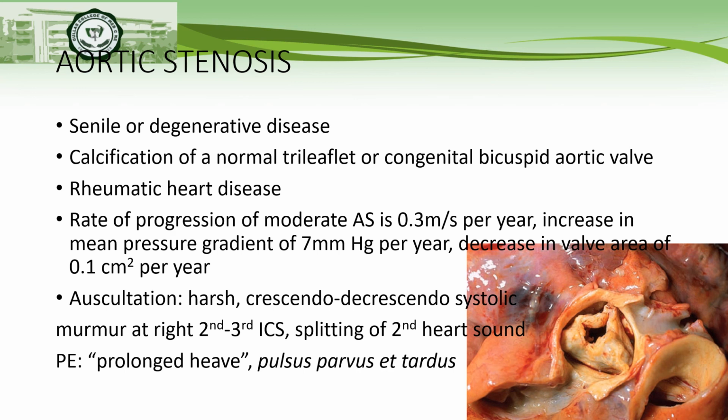Other physical findings associated with AS include an apical impulse, commonly described as a prolonged heave, and the presence of a narrow and sustained peripheral pulse known as pulsus parvus et tardus.